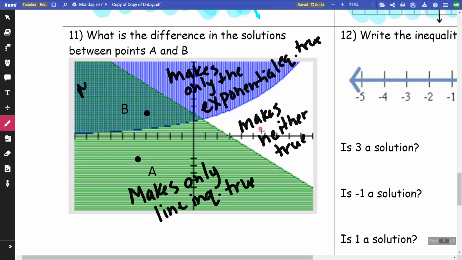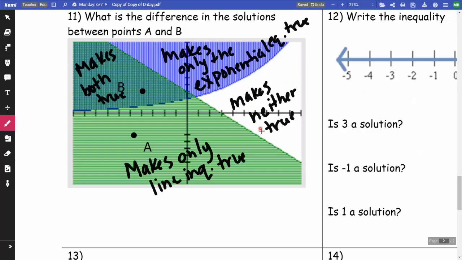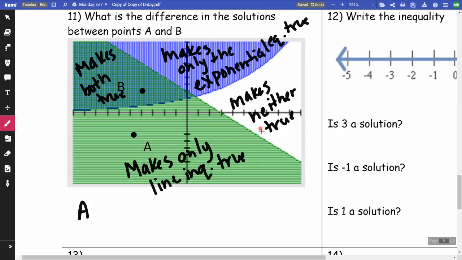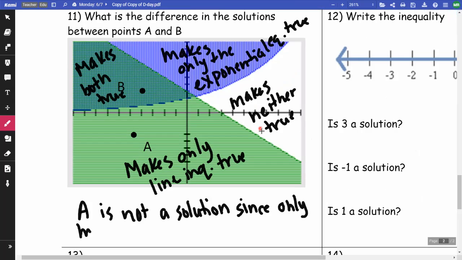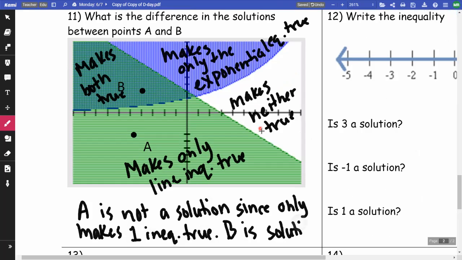And then this one makes both true. So A is not a solution since it only makes one true. B is a solution because it makes both true.